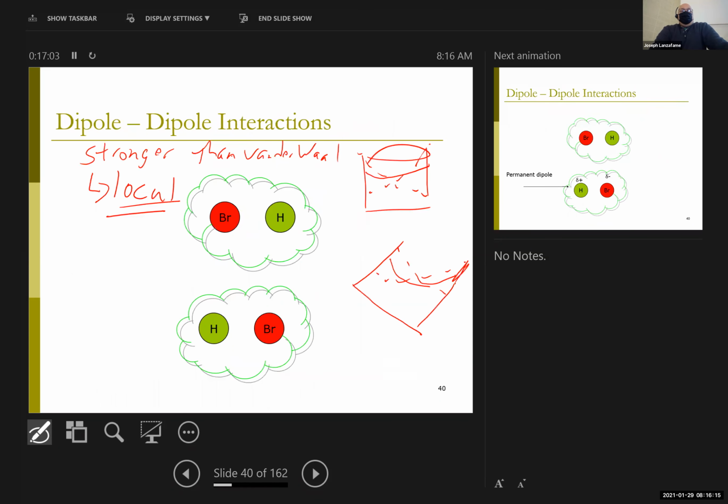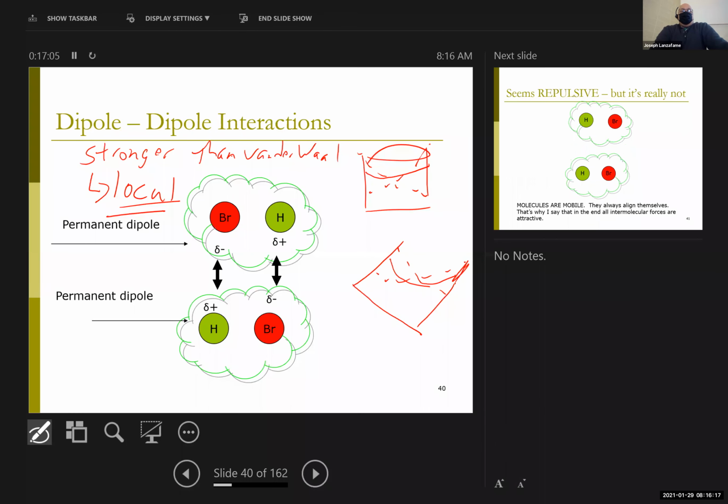And so really, that is ultimately the only difference between all of my other forces and the van der Waals forces. If I've got a polar bond, it's technically a dipole-dipole on top of a van der Waals.